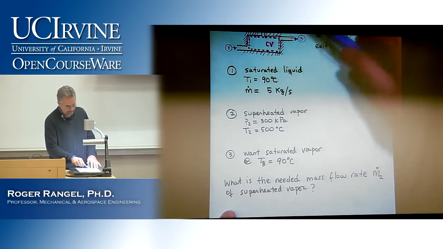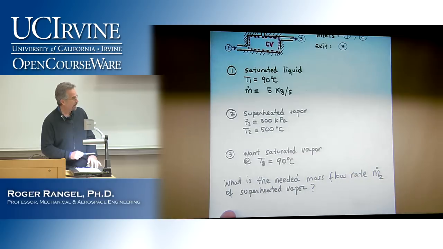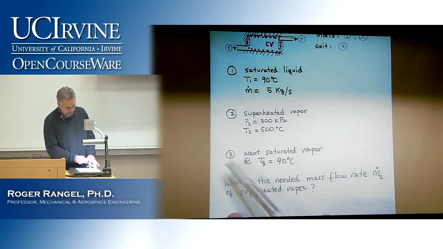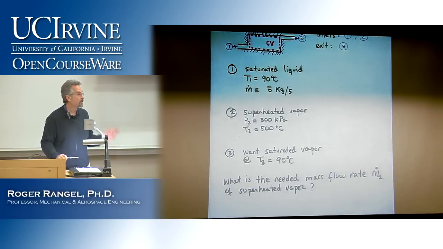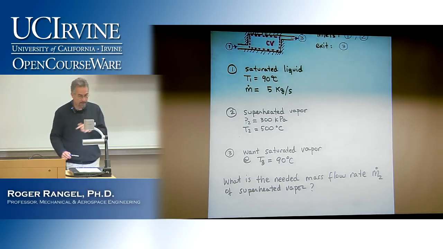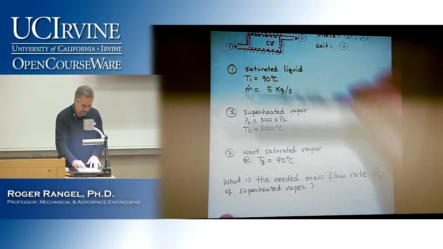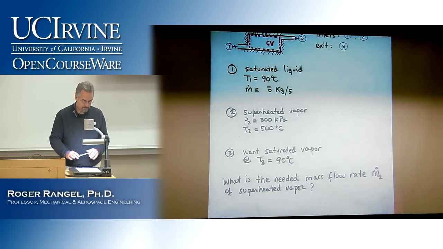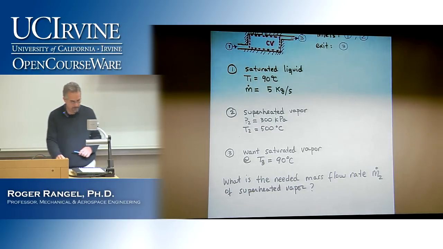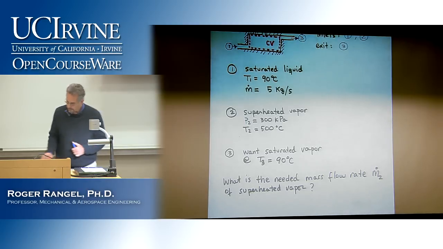For the added superheated vapor, we have pressure and temperature, so again, no problem. And we want saturated vapor at outlet 3 at 90 degrees Celsius. That's also completely specified, so I can go to the tables and get any data I want for these three conditions. Which data do you think we should get from the table?